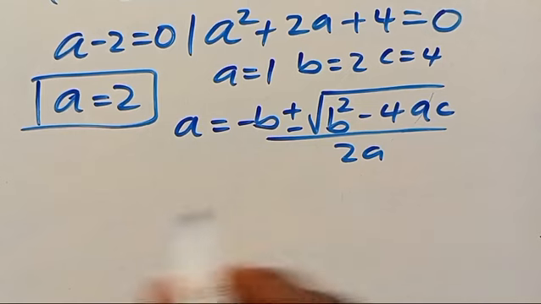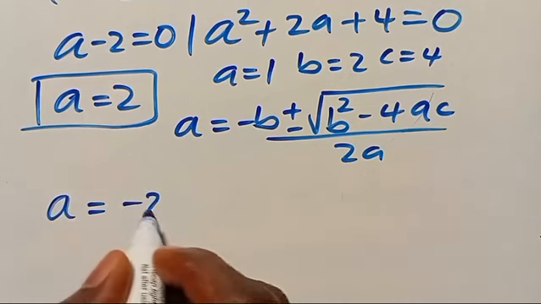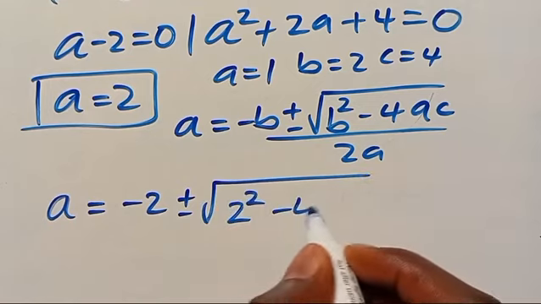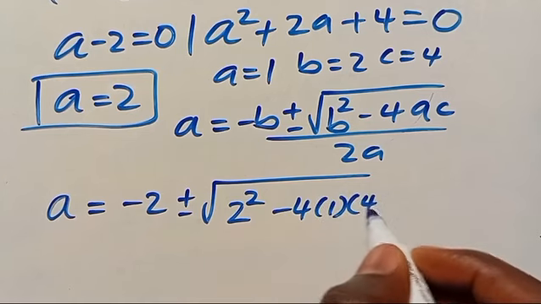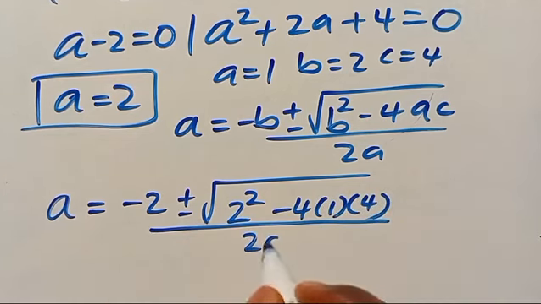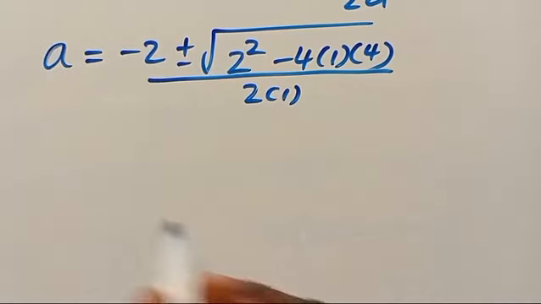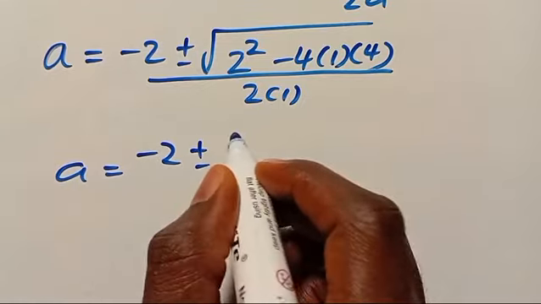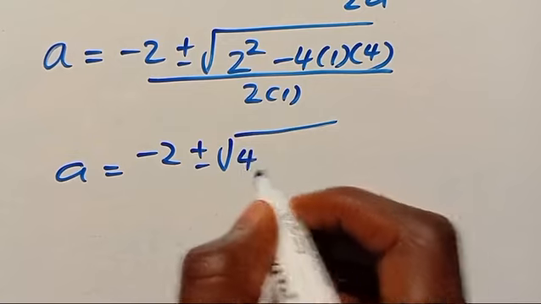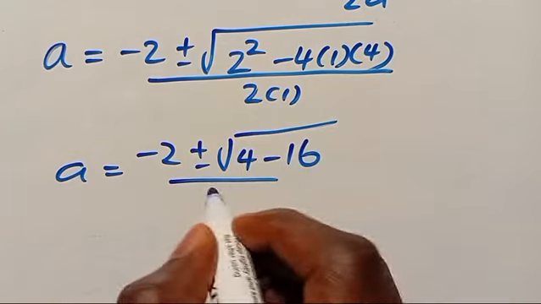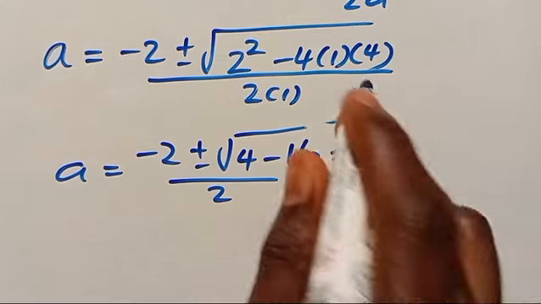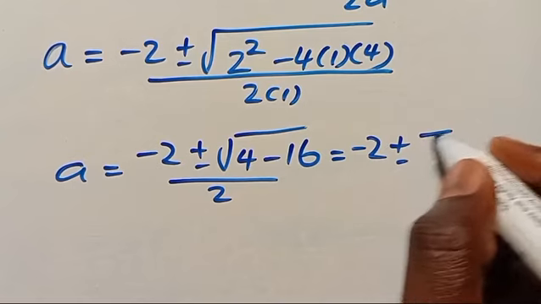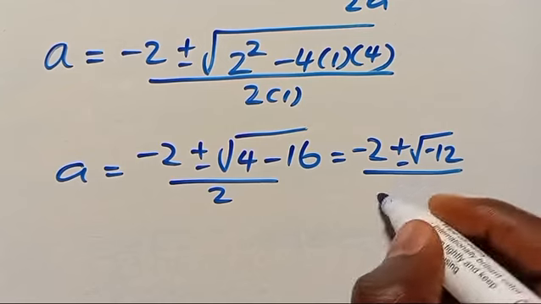So when we substitute everything here, we have a equals minus 2, positive or negative, root of 2 squared minus 4 times 1 times 4, then divided by 2 times 1. So a equals minus 2, positive or negative, root of 2 squared which gives us 4, minus 16, divided by 2. Then this equals minus 2, positive or negative, root of minus 12 divided by 2.